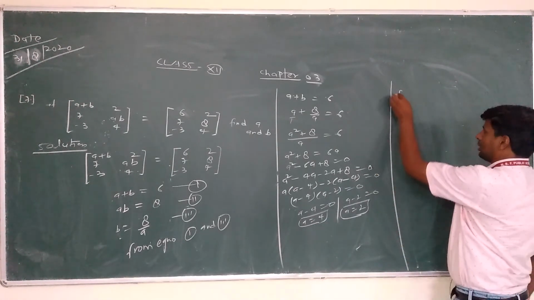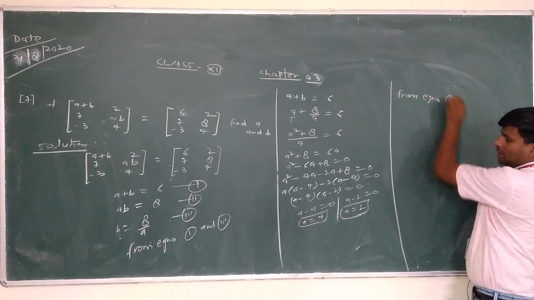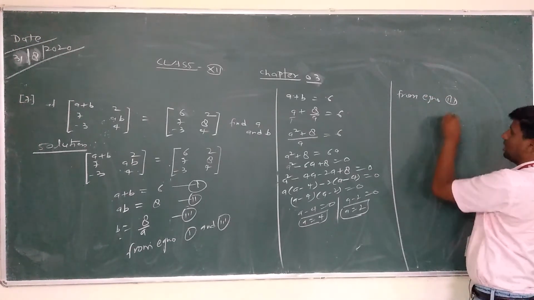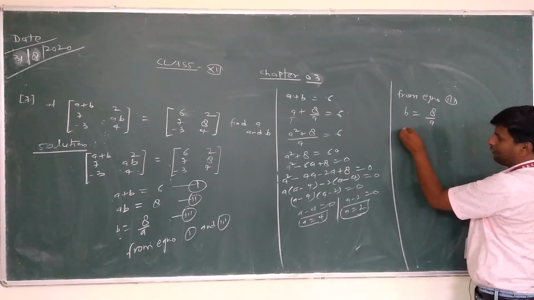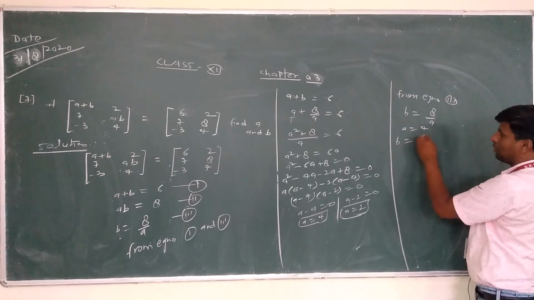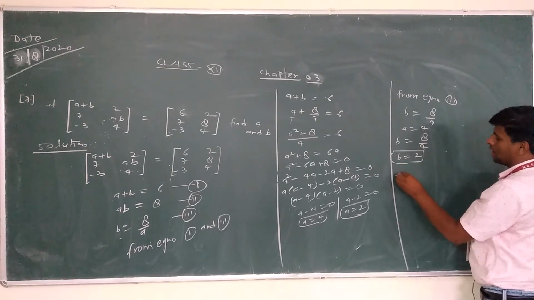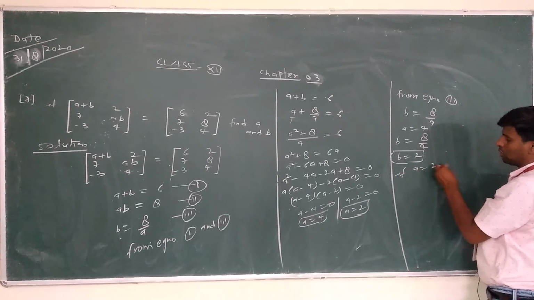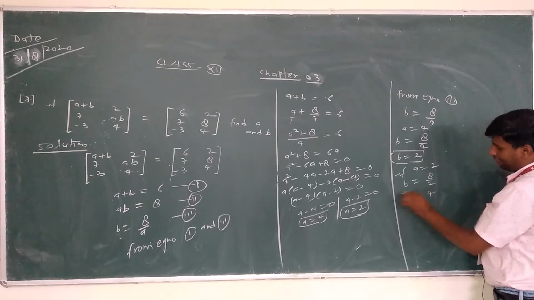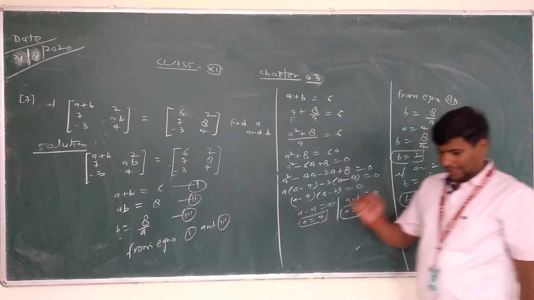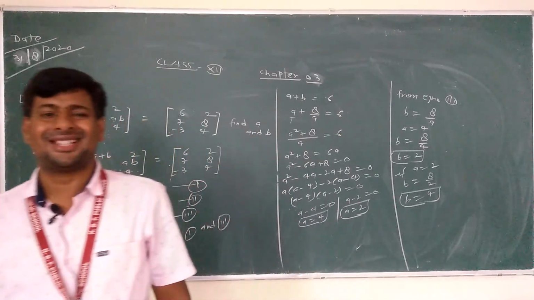From equation number 3, that is b equal to 8 by a. If a equal to 4, b equal to 8 by 4, so b equal to 2. If a equal to 2, b equal to 8 by 2, that is 4. Overall, if a equal to 2 then b is 4, and if a equal to 4 then b is 2.